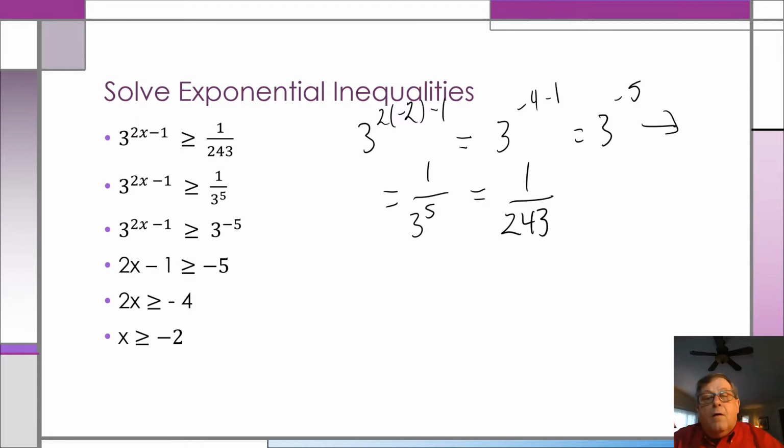We have solved and checked my work, proving that 3 raised to the power of 2 times negative 2 minus 1 is the equivalent of 1 over 243. Now to write that in set builder notation, I would say x such that x is greater than or equal to negative 2.